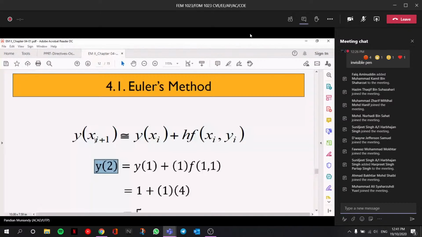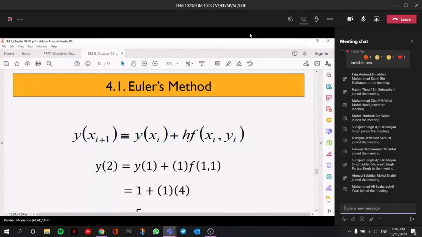So we want to find x1. x0 is 1. So you want to find x1, the next x, which is x equals to 2, because that is the question. So y2 equals to y1. This is x0, y1.